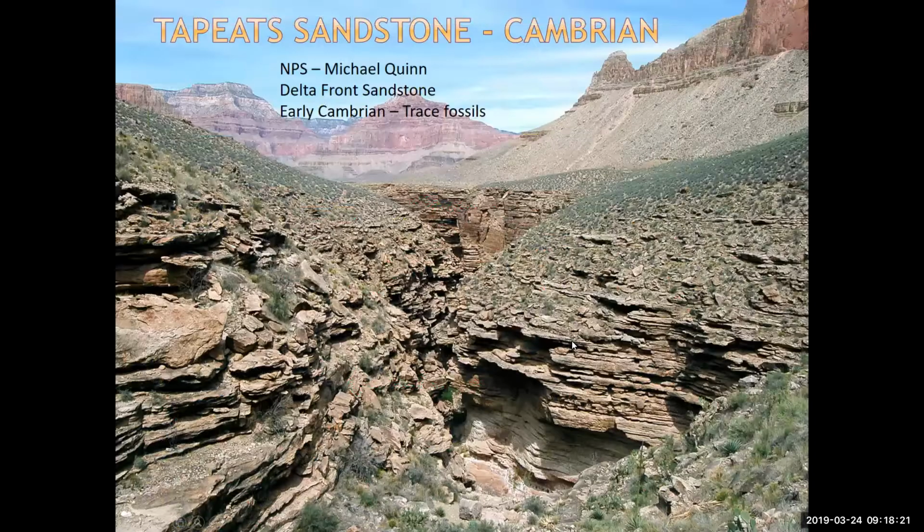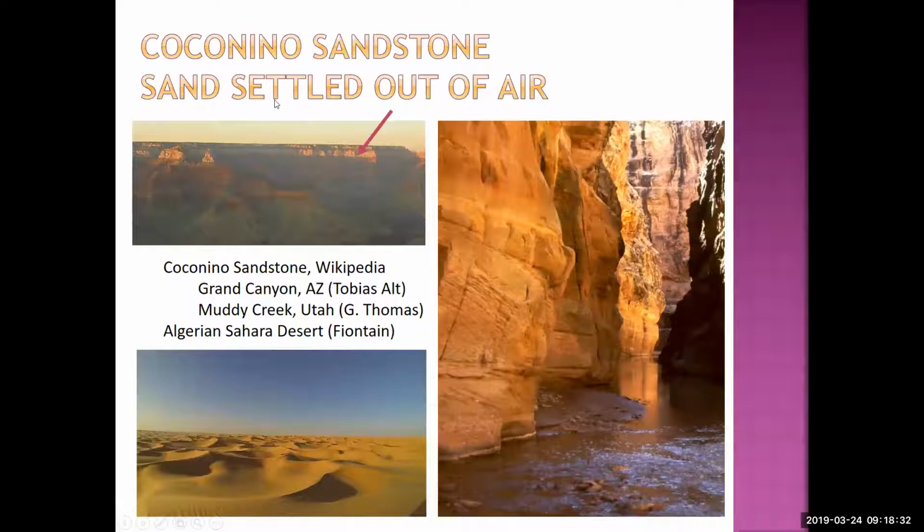So here's the Tapeats sandstone at the bottom of the Grand Canyon, and it's called a delta front sandstone. There are early Cambrian trace fossils in this formation. Then we have the Coconino sandstone, which is up here near the top of the Grand Canyon. And it actually extends, and a lot of the layers do, they extend into other parts of the Colorado Plateau.